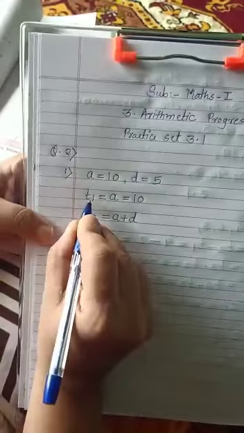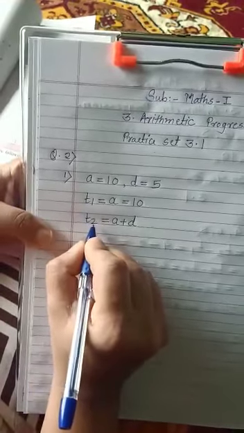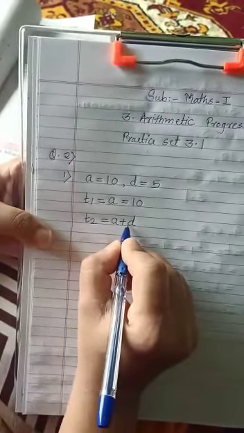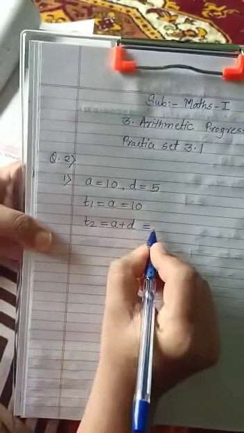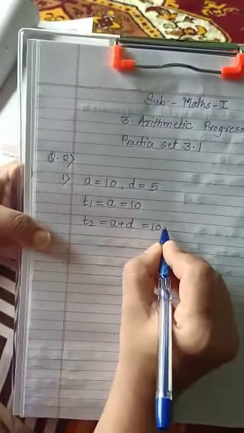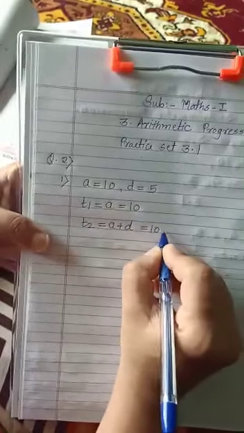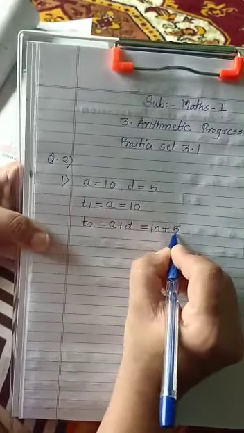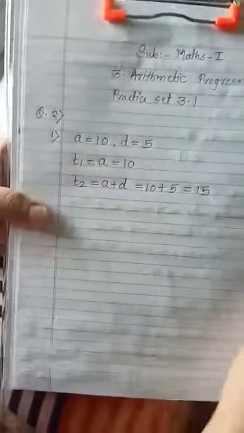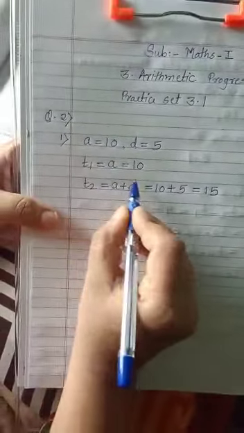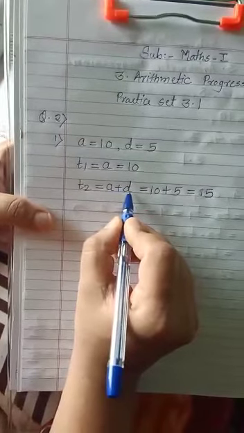What is the previous term here? T1. So T2 is equal to a plus d, which is 10 plus 5, equal to 15. Understood? So in the previous term we are adding the common difference d.